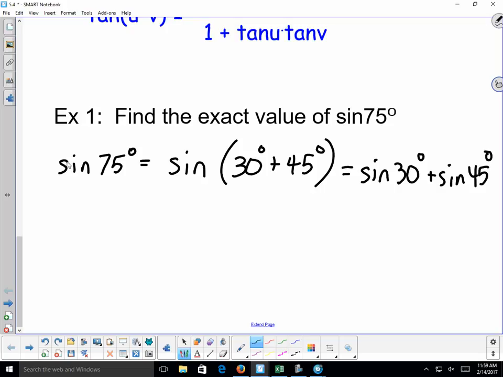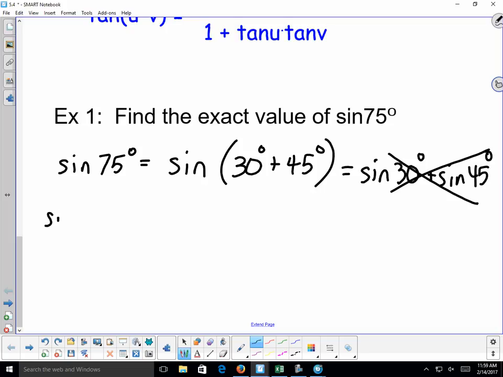Is that true? No, we just proved that you can't just distribute, so we cannot write this, but we can write this. And now, which formula are we going to use? 1, 2, 3, or 4? Which one fits this pattern of sine of quantity 30 plus 45 degrees? Sine u plus v.